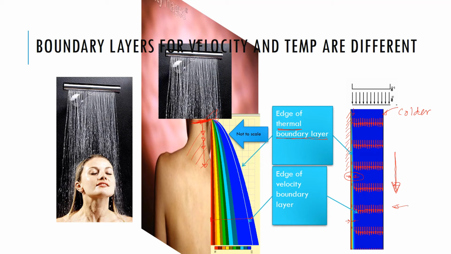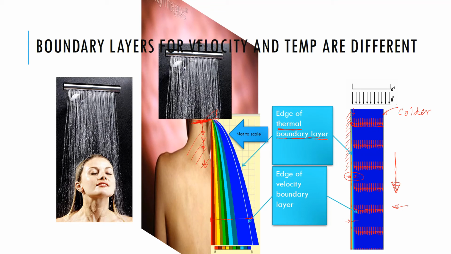The velocity boundary layer has to do with how far the effect of the wall makes the velocity be 0, so it slows down. How far does it go inside the fluid? You can see by the time it gets to here, the velocities are already at the maximum.